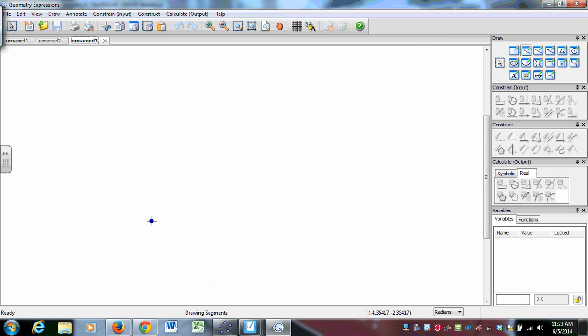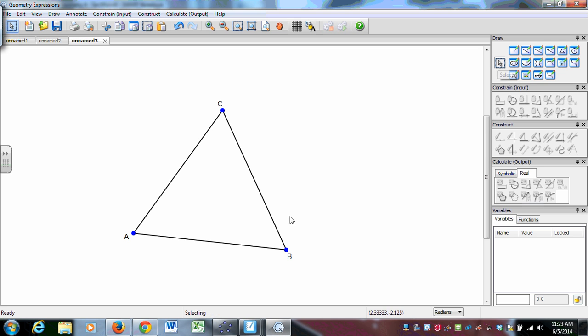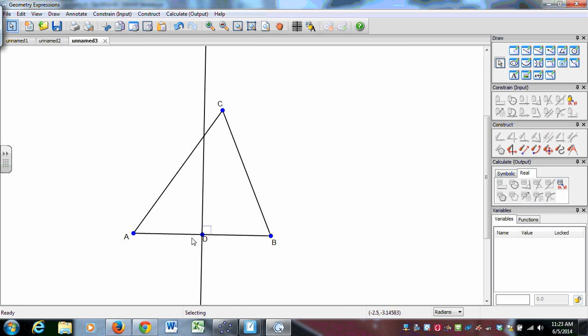Take a generic triangle. And instead of medians or altitudes, let's just take perpendicular bisectors. Let's construct a midpoint, and then from that midpoint, construct a perpendicular line.